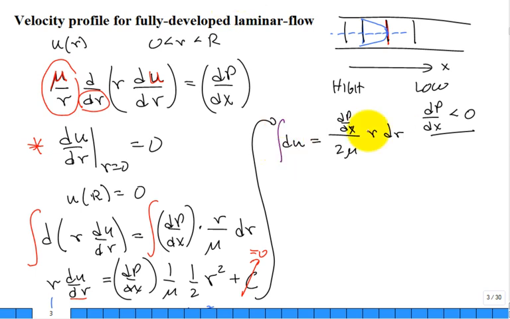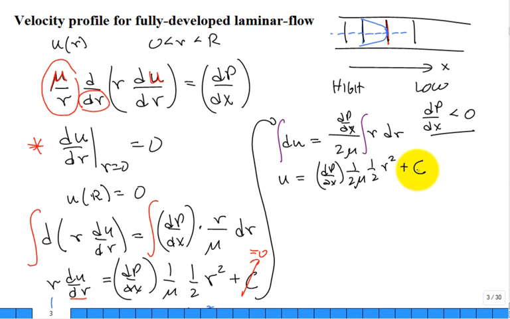Now we're ready to integrate, and we pick up u is equal to dp/dx, 1 over 2 mu, 1/2 r squared plus another constant. You could call it C1, C2, whatever.